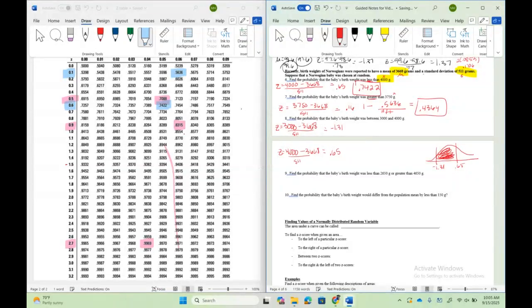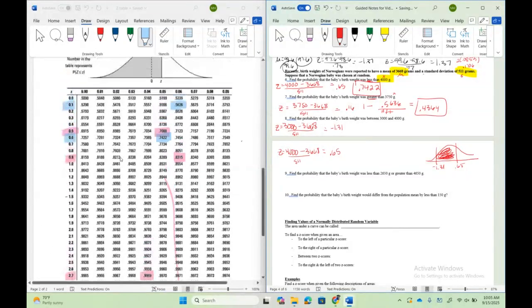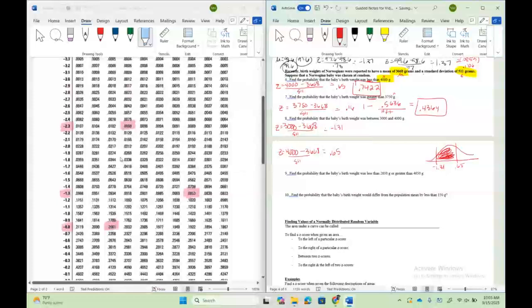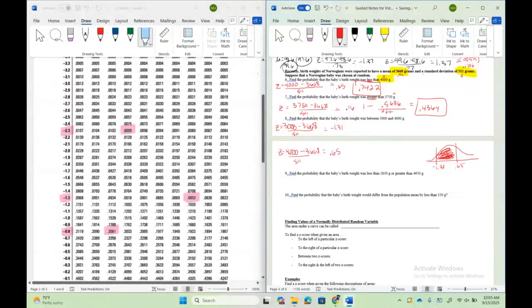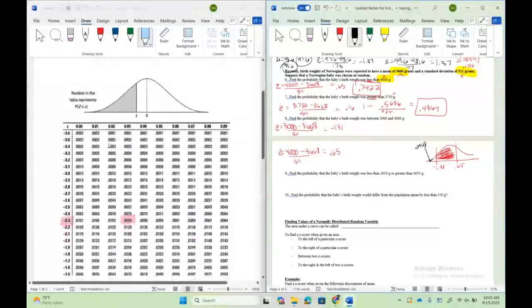All right, so I need to find the area to the left of negative 1.31. Which is right here. All right, so this value is 0.0968. All right, and then the area to the left of 0.65.